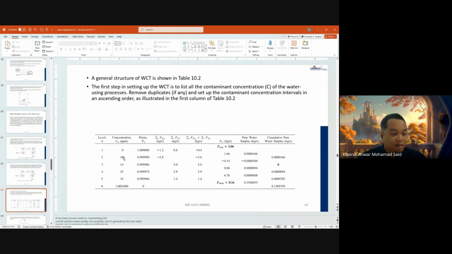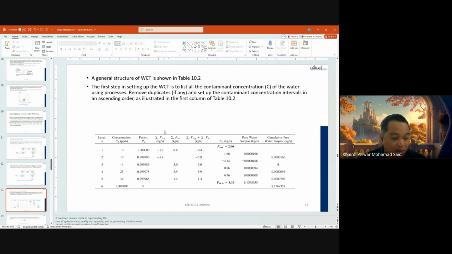Then in each interval, we calculate the mass load using M equals F times delta C. If M is positive, the interval is a surplus. If negative, it is a deficit. Next, we sum all these loads across intervals.